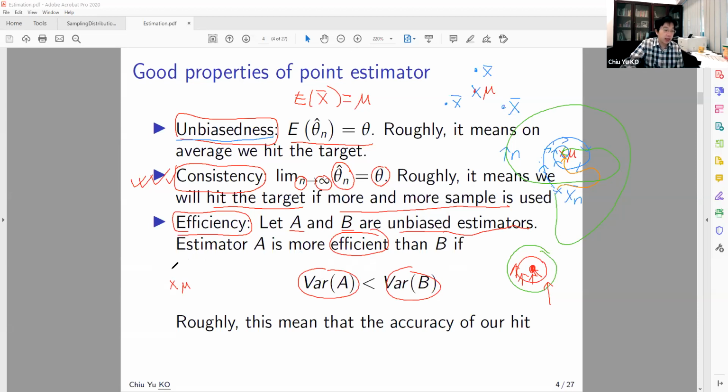And suppose A is something like this. They on average are at the mu, okay? And suppose B is here. B is further away; the average distance of B from the mu is larger than A. So A is more efficient than B.